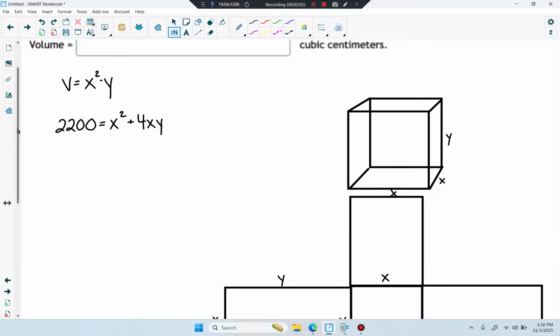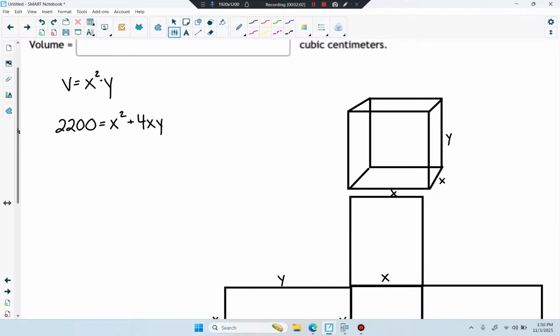Okay, so I can solve this second equation for y. I subtract x squared and divide by 4x. I get y equals 2,200 minus x squared, divided by 4x. There you go. So now I can substitute.